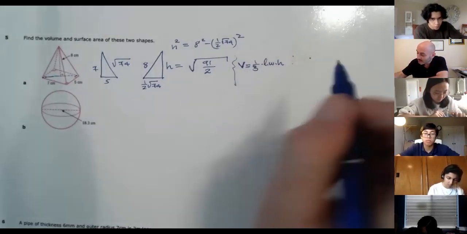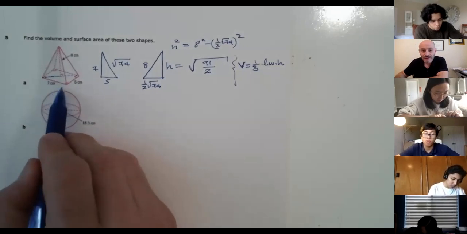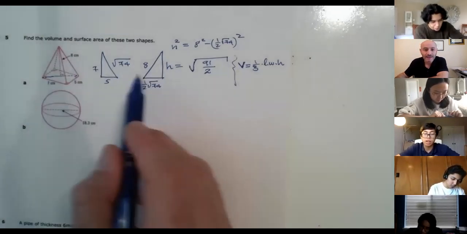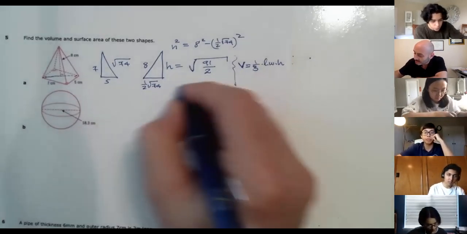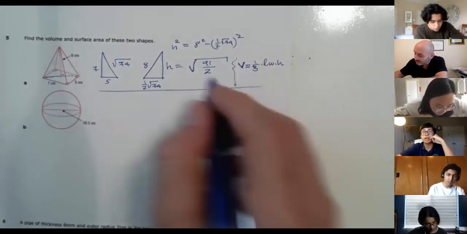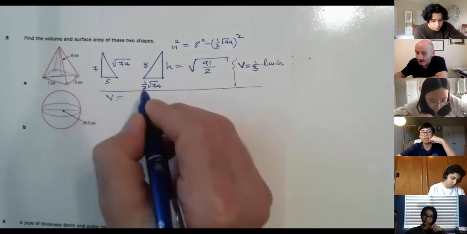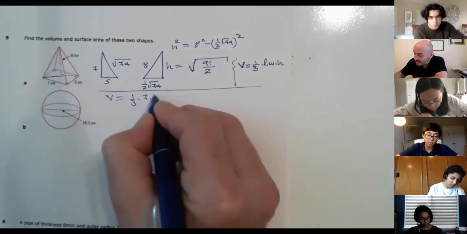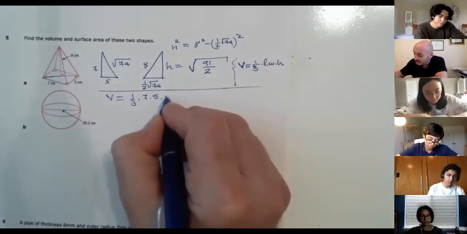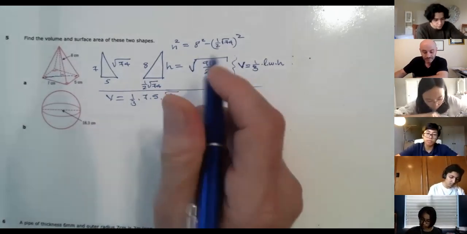This is 1/3. We have the length 7, the width is 5, and the height is that number. Okay, so then the volume, I'm gonna do the volume here. So the volume is gonna be 1/3 times 7 times 5 times that number, square root of 91/2.